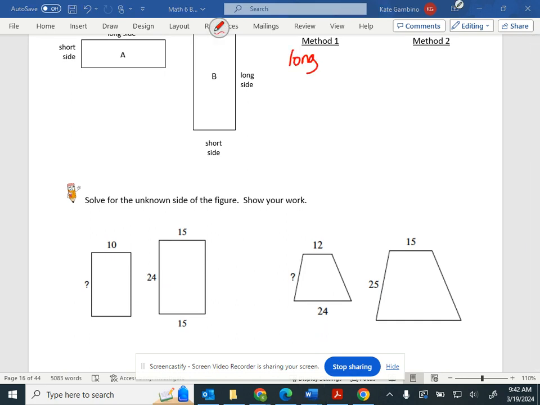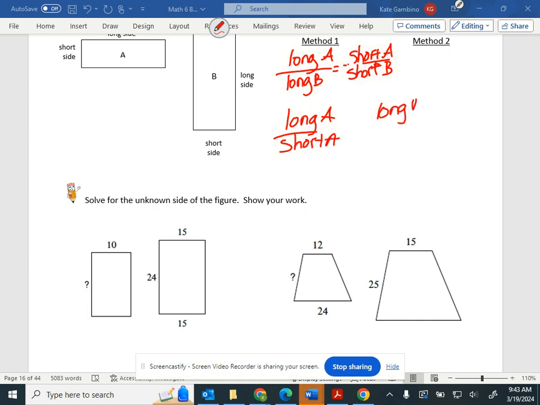Long A over long B equals short A over short B. I put A on top, I have to put A on top again. Or I could say long A over short A. If I put long on top, then I have to put long on top for my B's.